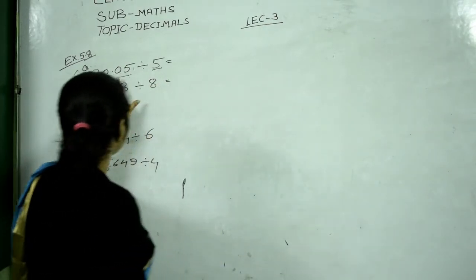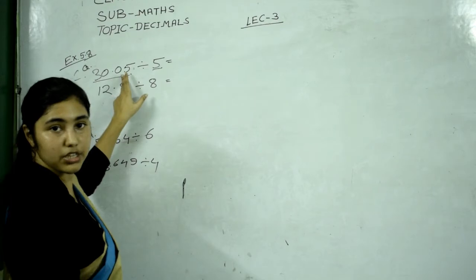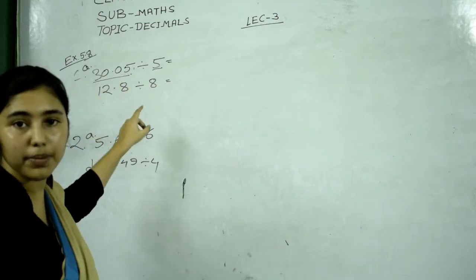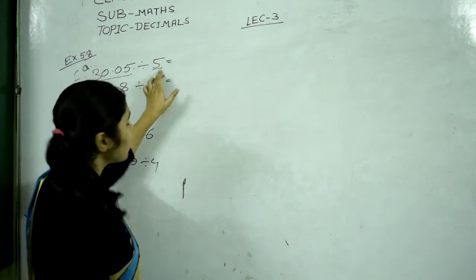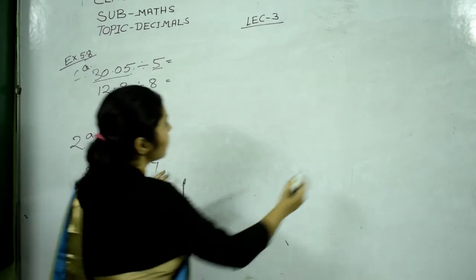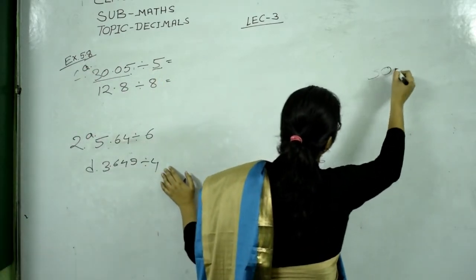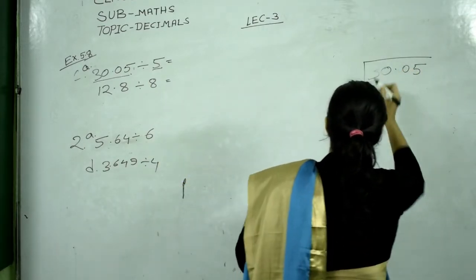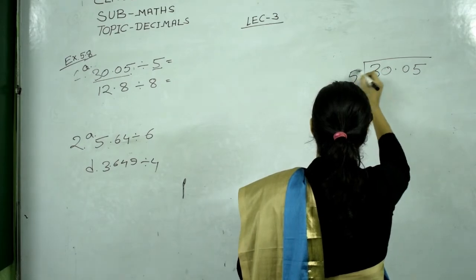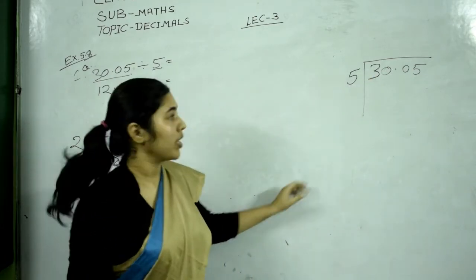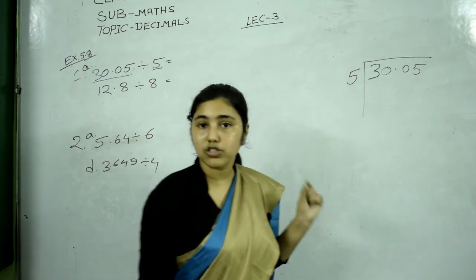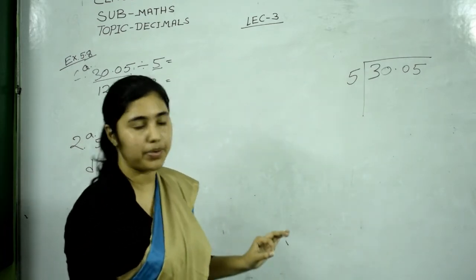Here we have to divide 30.05 by 5. So here 30.05 is our dividend and 5 is our divisor, right? So first write 30.05 as our dividend and take 5 as the divisor. Now divide this number by 5 as we do for whole numbers.